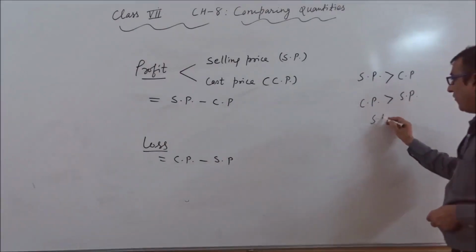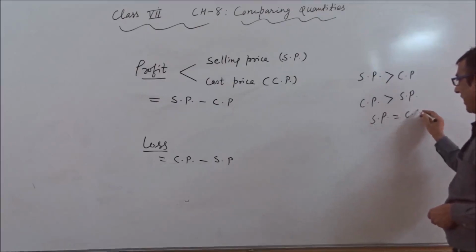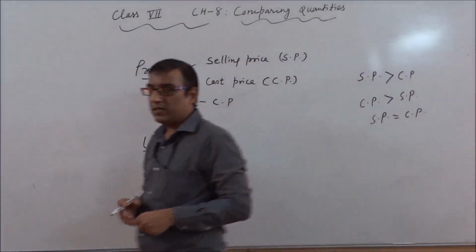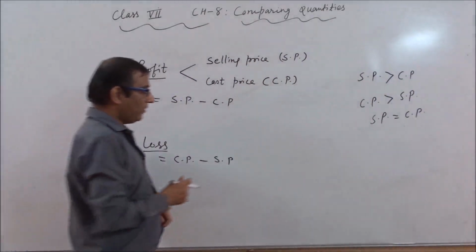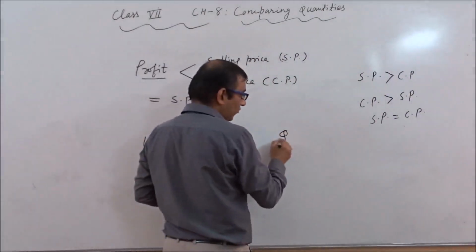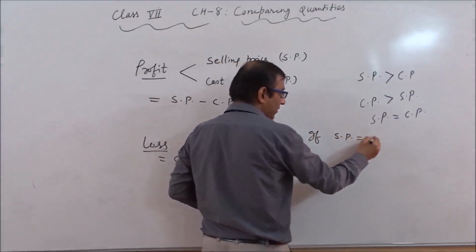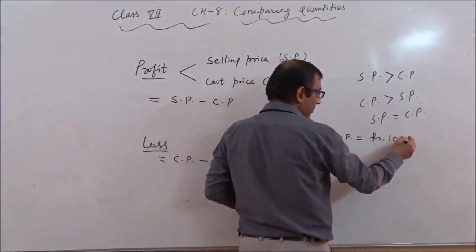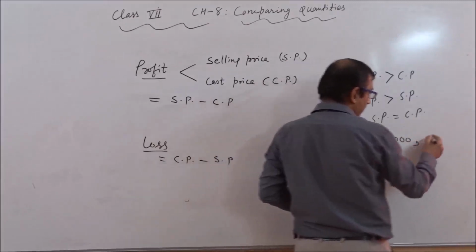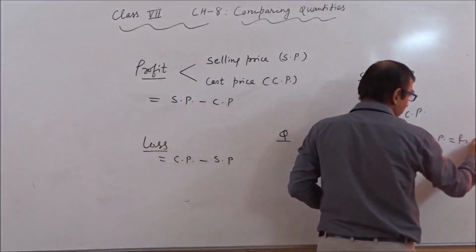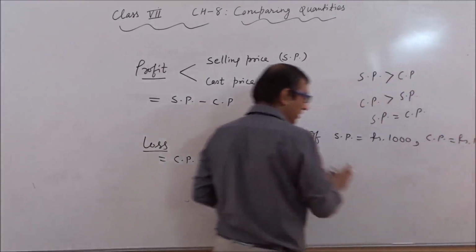And when both are equal, it means selling price is equal to cost price, then we have neither profit nor loss. So for example, I am taking one question. If selling price is rupees 1000 and cost price is rupees 1500, right?